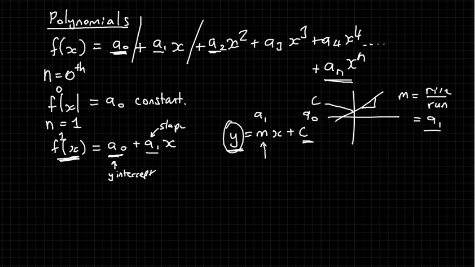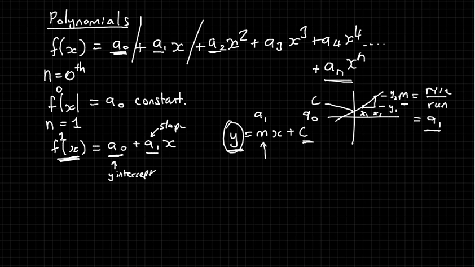What you usually do is you take 2 points and work out the rise, so you go y2 minus y1, and then you have x1, x2, and you subtract them, and you get the rise over the run, and that gives us the m value.